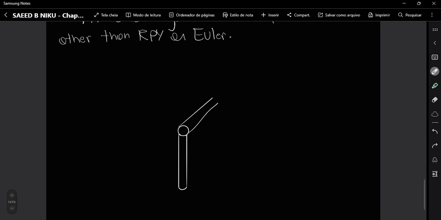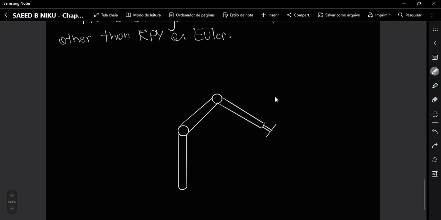And we have these links right here, another joint, another link, and on the end effector a tool to perform a certain task.